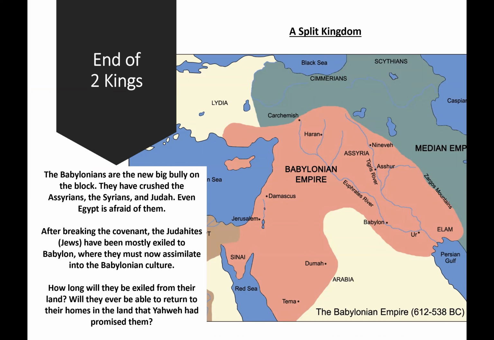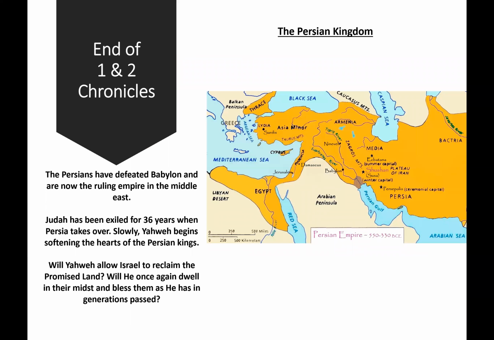We left off at the end of 2 Kings. We had the Babylonians that were the big bad guys on the block. They had taken over this entire area, including exiling Judah to Babylon. Soon thereafter, they were taken over by the Persian kingdom. And so the Persian kingdom is where we are now.